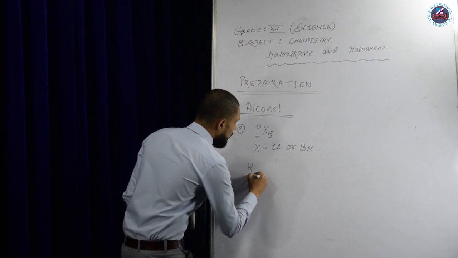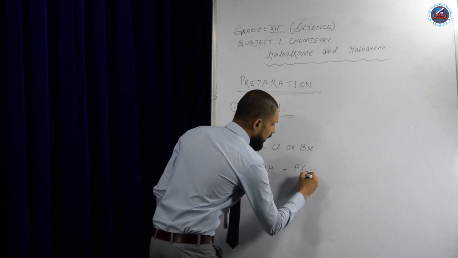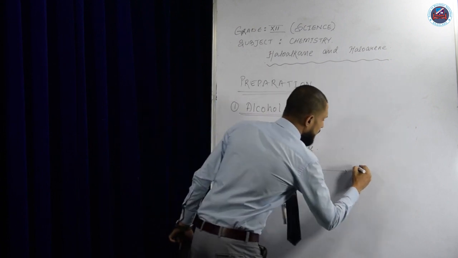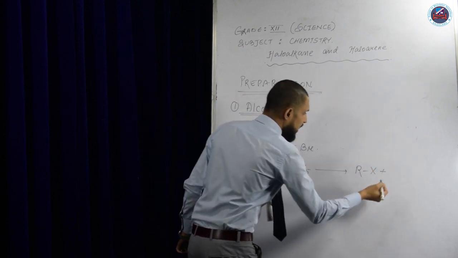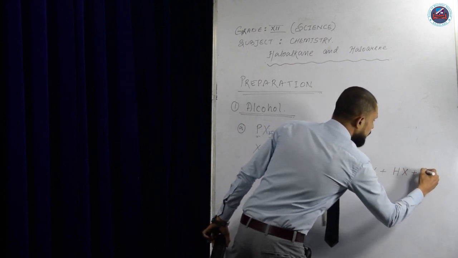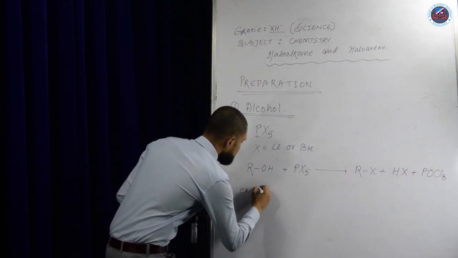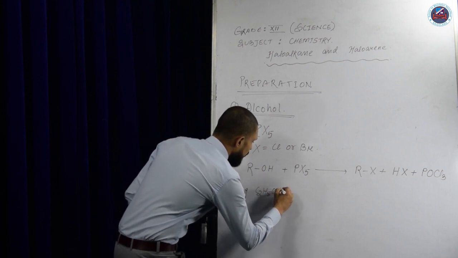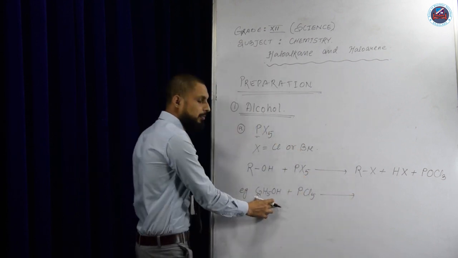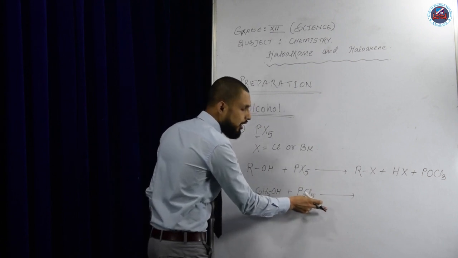Let us take an alcohol, that is ROH plus PX5. Here OH is replaced by X, so we get RX, plus we'll get a halogen acid HX, and we'll get phosphorus oxyhalide, POX3. Let us take an example. C2H5OH plus PCl5. The name of this alcohol is ethanol, which reacts with phosphorus pentachloride.